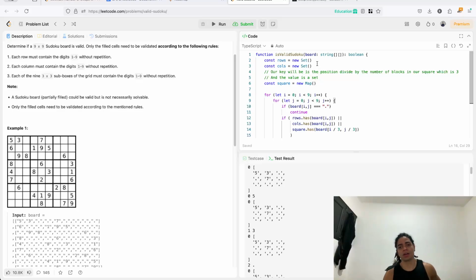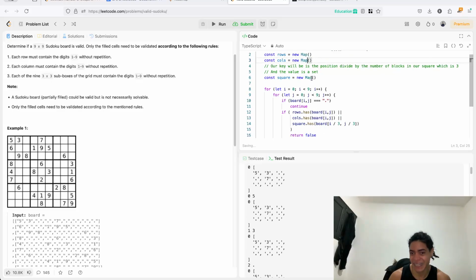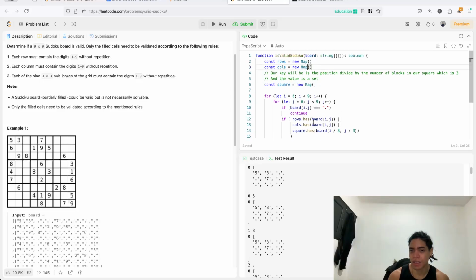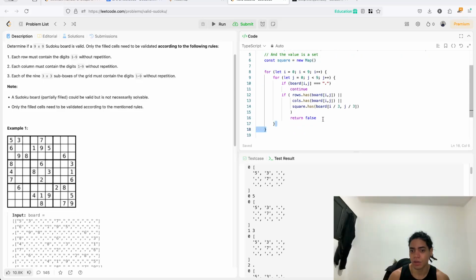After all, this is a map that is going to store unique values as a set. Both of them have a set. If this column at that position has that value, then you've got it.